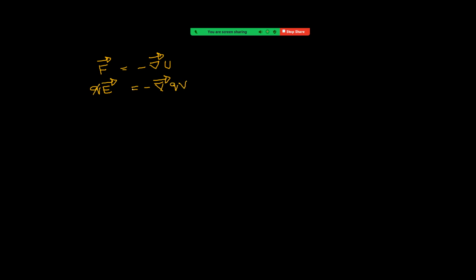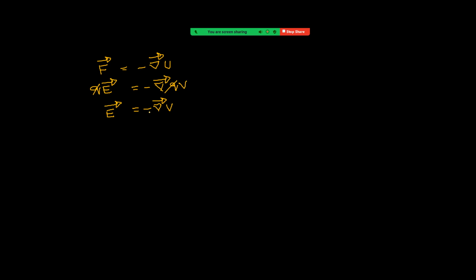Okay. Now Q gets cancelled. It is now E bar equal to minus del bar into V. That means electric field is equal to negative of potential gradient. I am repeating, electric field is equal to negative of potential gradient.